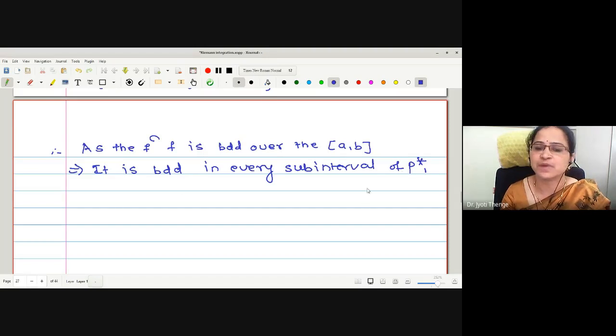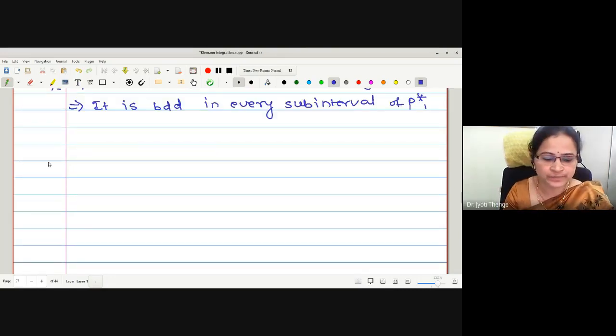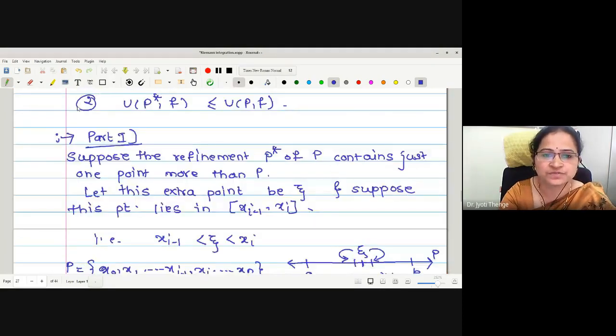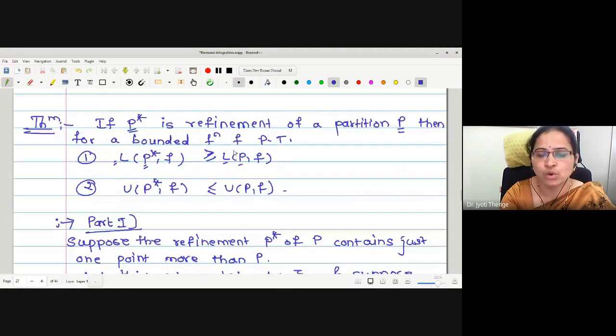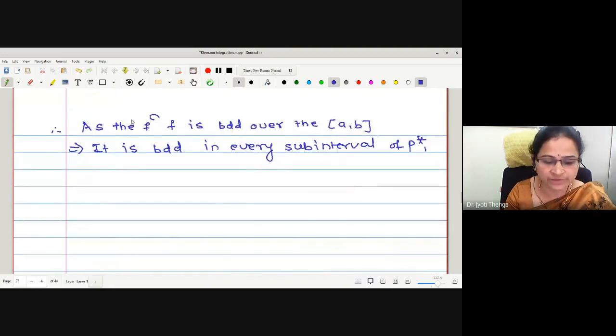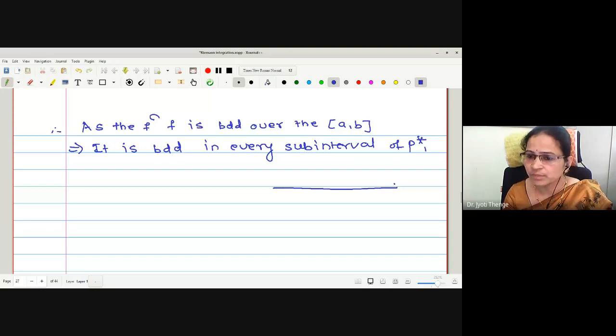If I say it is bounded over every subinterval of P star, it automatically means that it is bounded over every subinterval of P as well. Correct? Now we are going to use some symbols for the infima values. Why infima values? Because in the first part we want to prove it for the lower sum. Therefore, let me identify the infima values of the corresponding function in the subintervals.